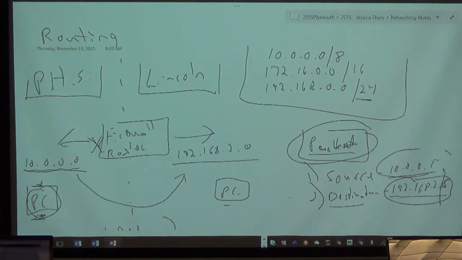What are they? Every host on a network has three things. IP address, subnet mask. Now, what's the importance of the subnet mask, Jill? Yeah, what's the importance of it? What's its use?